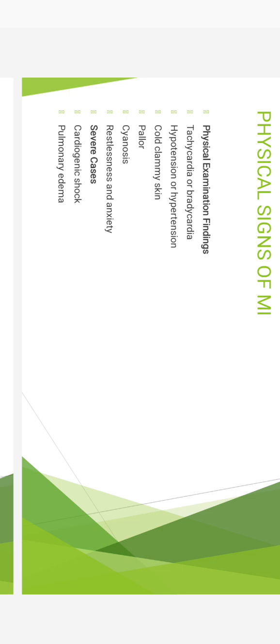Blood pressure can be elevated due to stress or reduced in severe infarction because of poor cardiac output. In severe cases, signs of heart failure, such as pulmonary edema, breathlessness, and cyanosis, may occur. These physical signs help assess the severity of myocardial infarction and guide treatment.